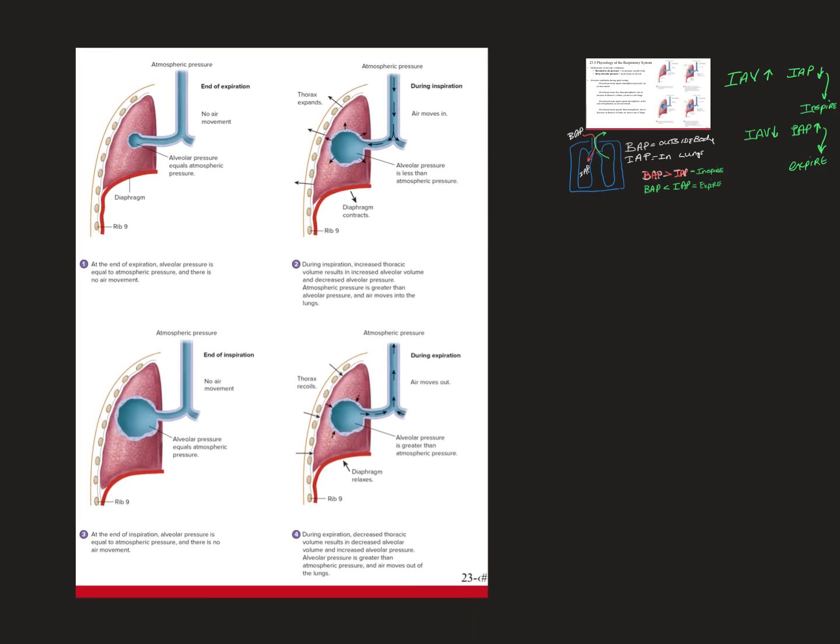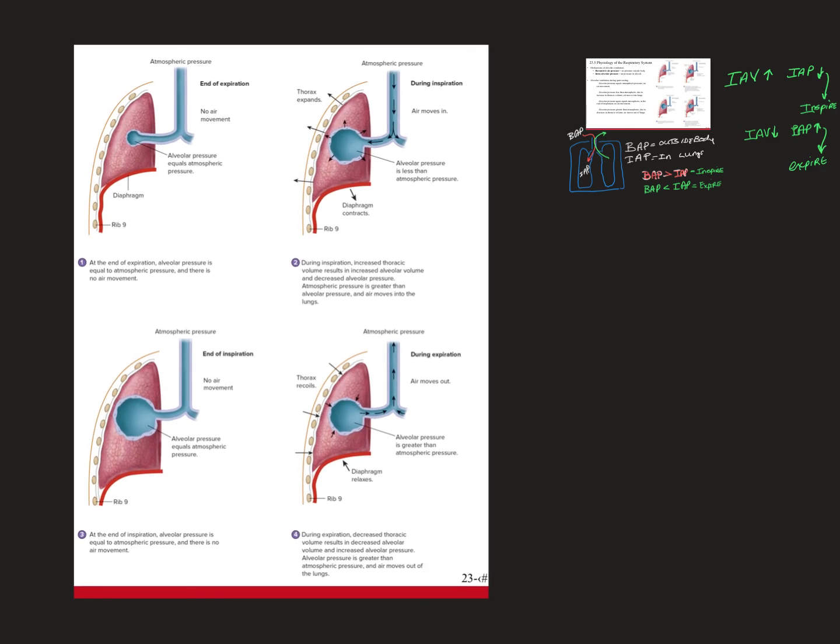All right. So when I look at this, I see here that my alveoli have gotten bigger because my lungs have gotten bigger, because my thoracic cavity has gotten bigger, right?